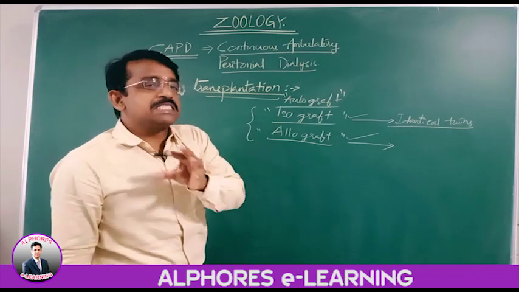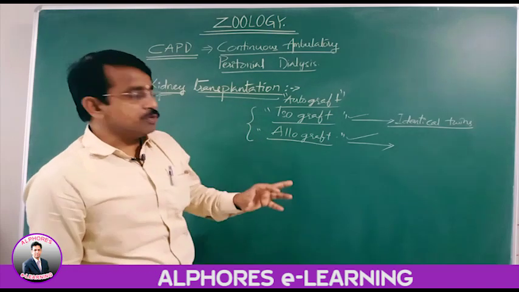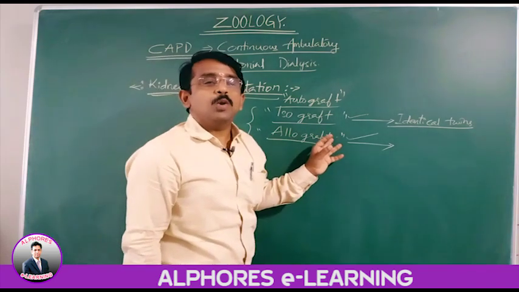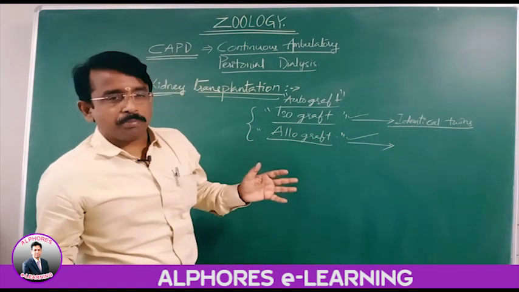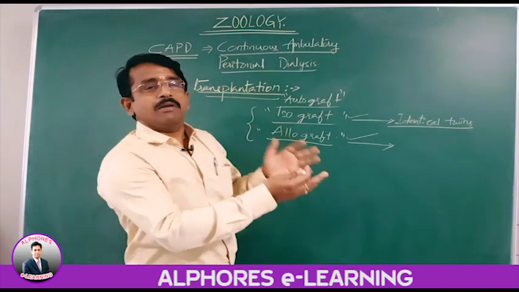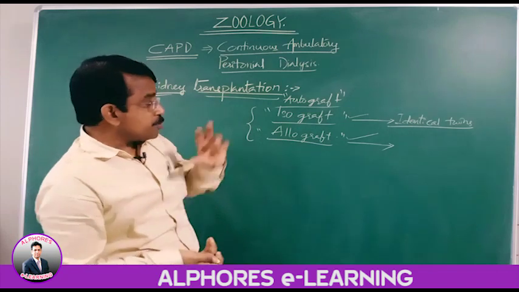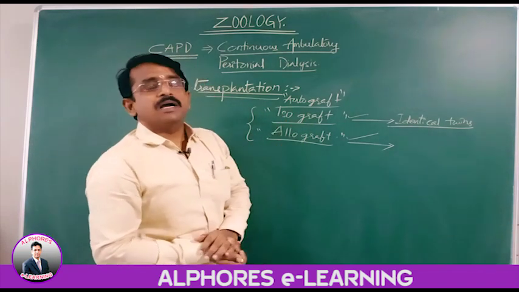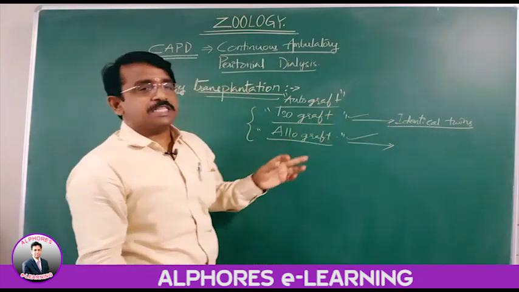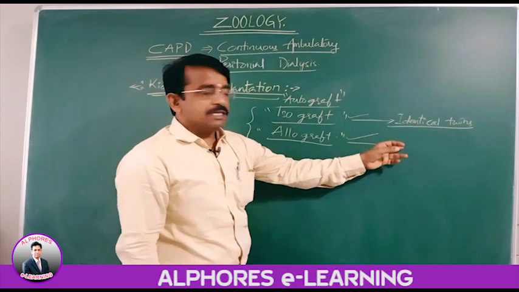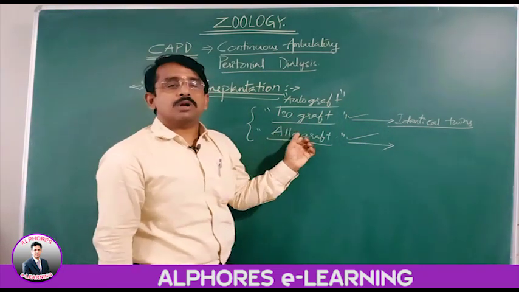If it is done between blood related individuals, that is said to be allograft. Same members of the human population, but closely related. So identical twins is isograft; closely related individuals is allograft.